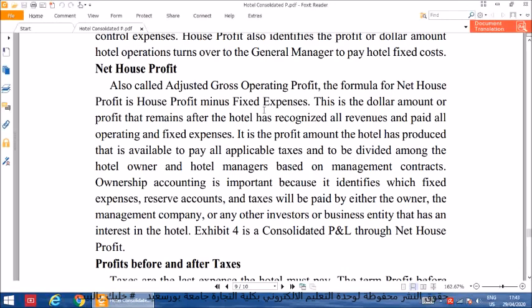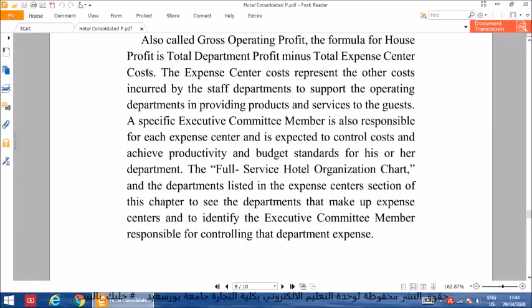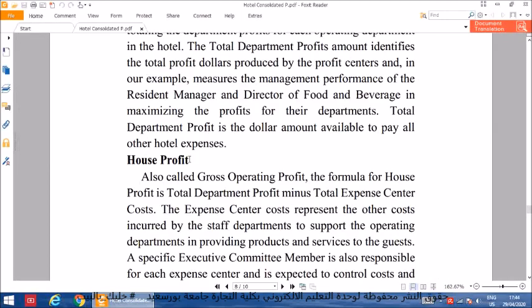So each point we study depends on the previous point. Each term we use here depends on the previous term. So net house profit depends on house profit.